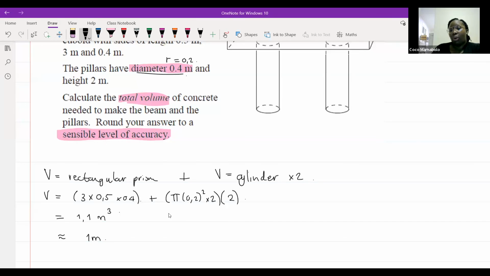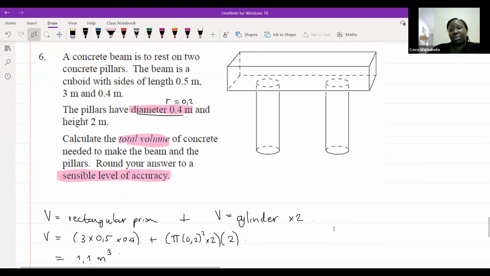Now, I want to see if anybody can figure out why I'm saying we cannot round this thing down to 1 meter. Who has figured it out? Why can we not say 1 meter? What's the problem? Let's read the question one more time.